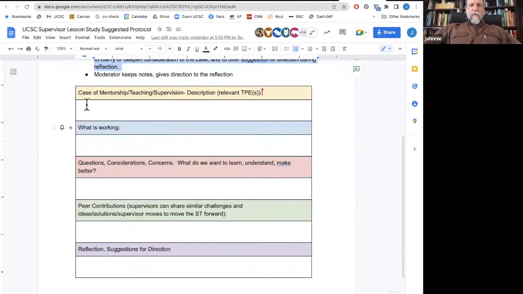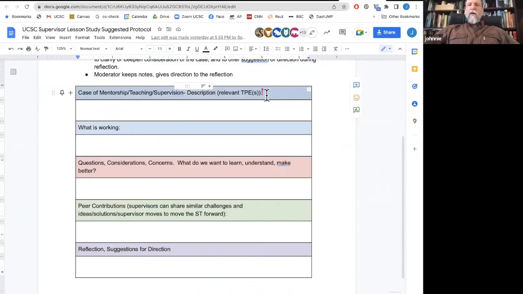Now, this is a protocol, and we'll share this with you as well if you're interested in doing such work. So the case of teaching, this is something set out, and Jennifer's going to be sharing one with us in a little bit. And we frame them around TPEs, things that matter in our teaching. Again, what is working is shared next. The questions, considerations, concerns follow. And then peer contributions. And often, as I shared in my presentation earlier, peer contributions start with something positive, something that was working well.